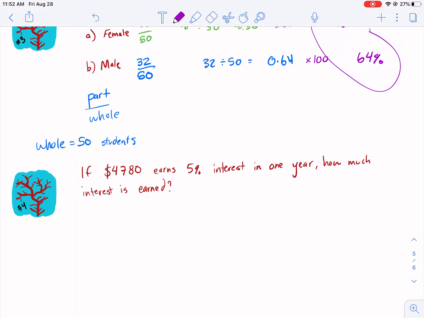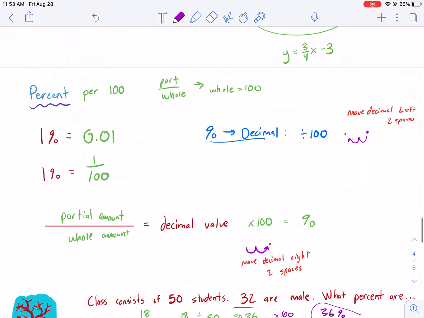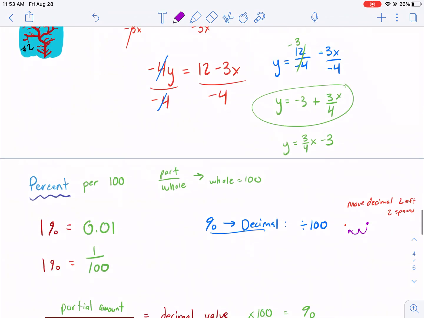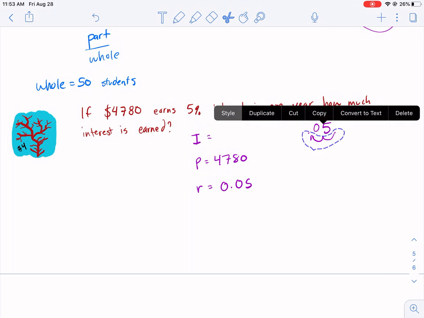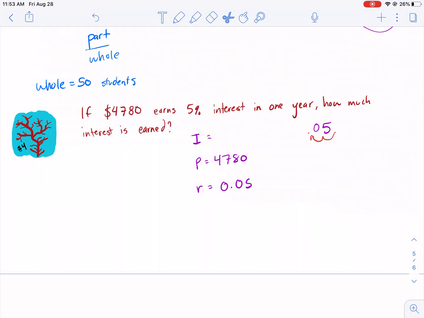Now, if $4,780 earns 5% interest in 1 year, how much interest is earned? We can go back up here to our interest formula. I equals PRT. I is the interest, that's what we're looking for. P is the principal amount, so that's $4,780. R is the interest rate, but we need to write this as a decimal, so 0.05. You move the decimal place 2 times to the left, and the 0.05 is our R, and then T equals 1.